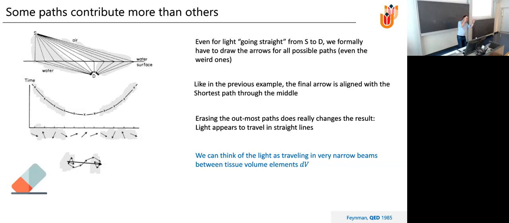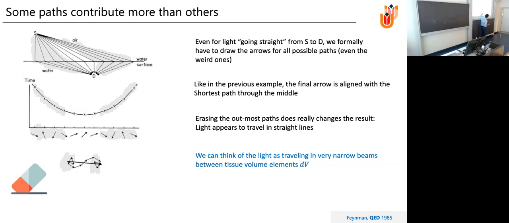Not exactly as an infinitely thin straight line, because the paths that are a little bit next to that chalk spot also contribute to these two areas. But mostly we can regard it as a very narrow beam traveling in straight lines.